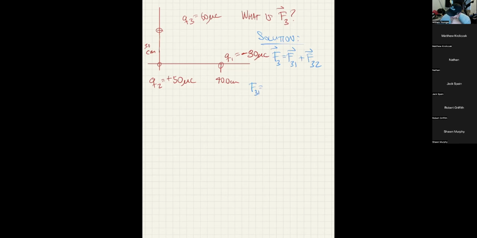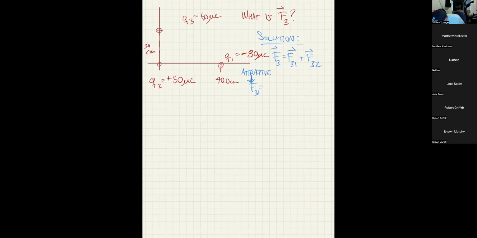And what I realize is F31 is the force between Q1 and Q3. Now Q1 is negative and Q3 is positive. So are they attractive or repulsive? Attractive. Yep. That is what we do to decide the direction of it.